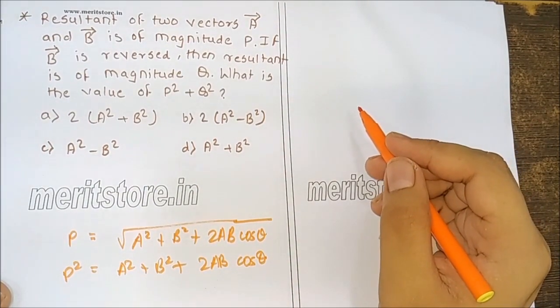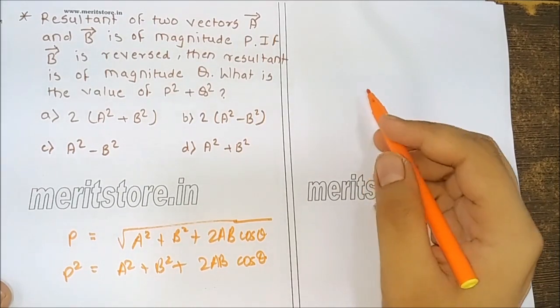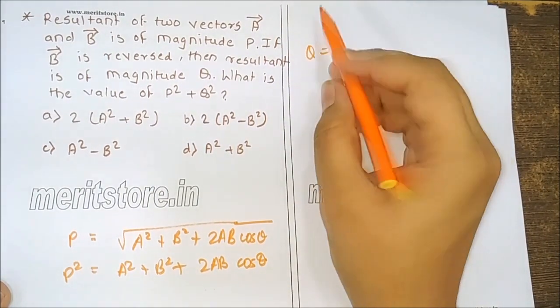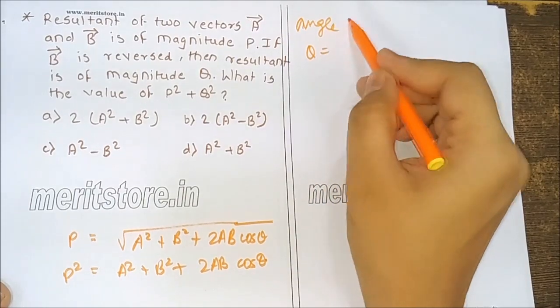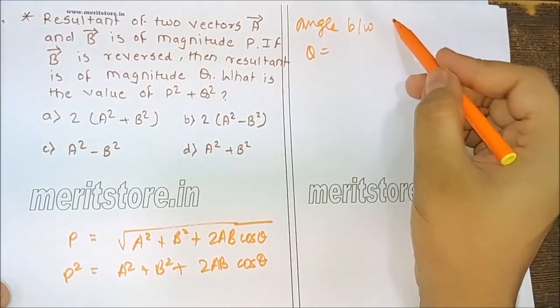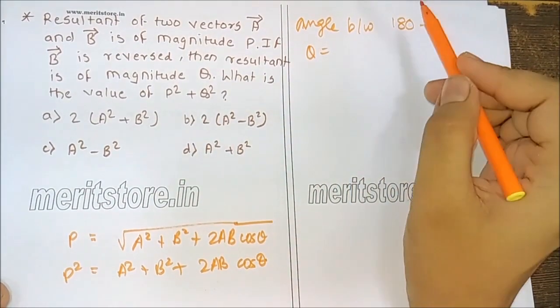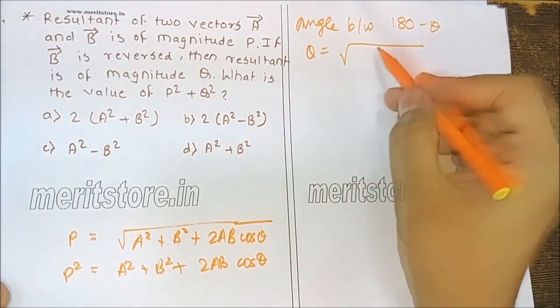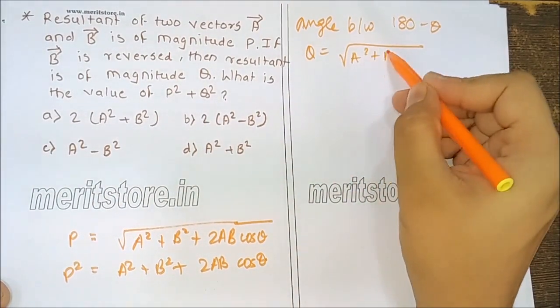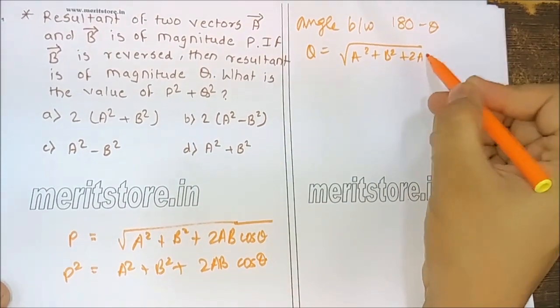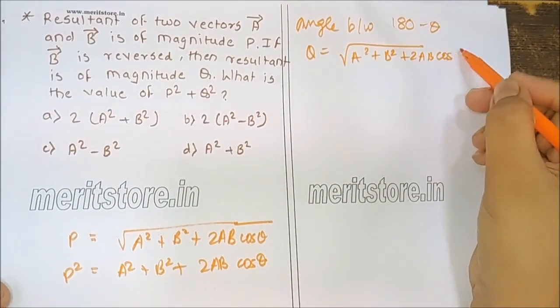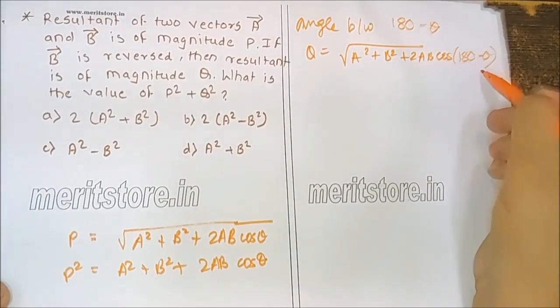When B is reversed, the angle between them is 180 minus theta. So the angle between them for Q is 180 minus theta when B is reversed. So Q is equal to square root of A squared plus B squared plus 2AB cos of (180 minus theta).